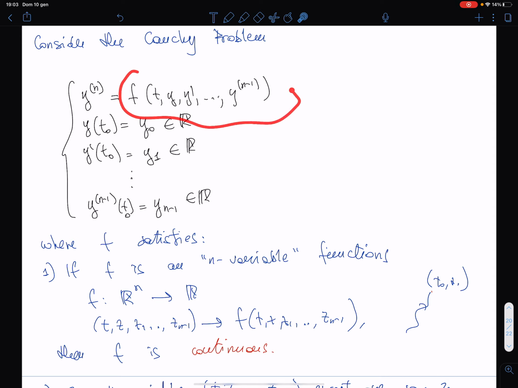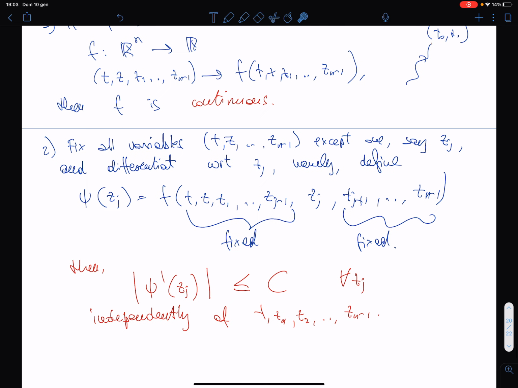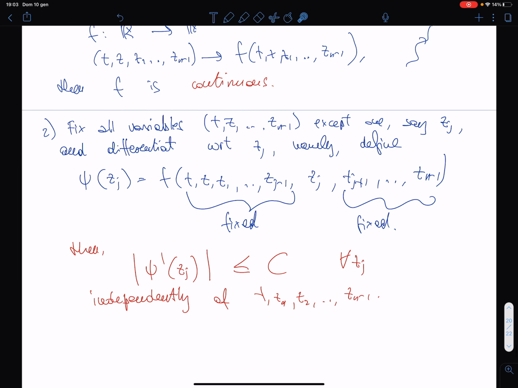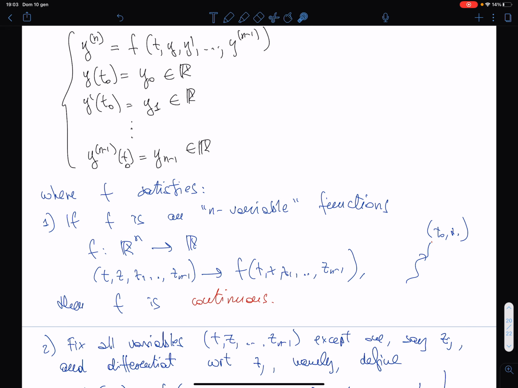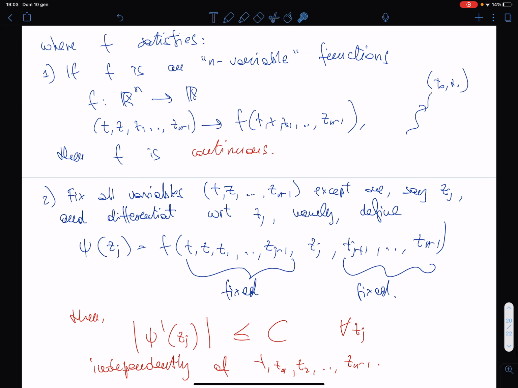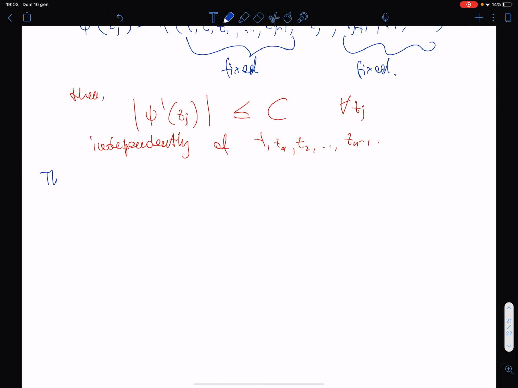This cannot grow too fast in any variable y. Not t. T is not important here, but in any variable y. Okay, this is technical, but it is less technical than the true hypothesis, okay? I'm doing just that. Then, if these two hypotheses on f are fulfilled, then the solution to the Cauchy problem is unique.